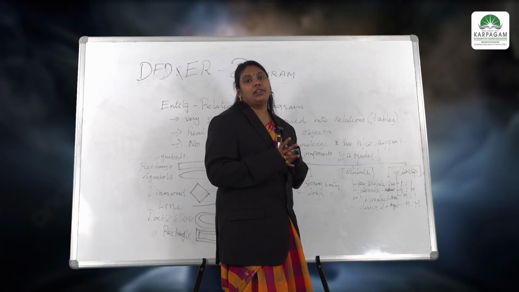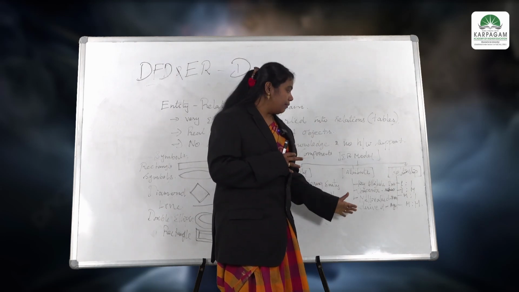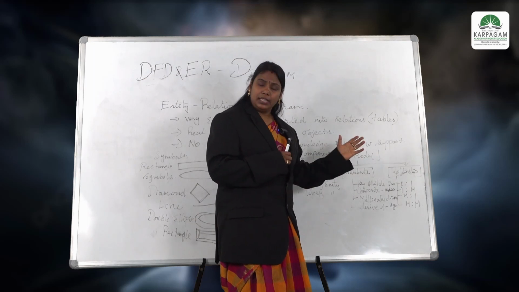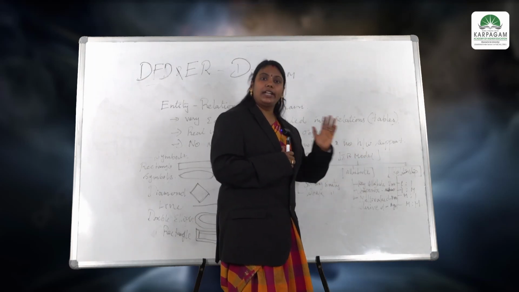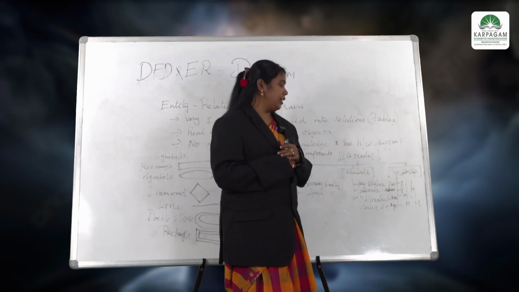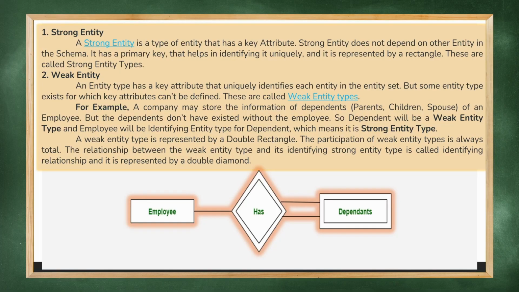Then the relationships, which we already know: one-to-one, one-to-many, many-to-one and many-to-many. So these three components are the main concentration for the ER diagram.